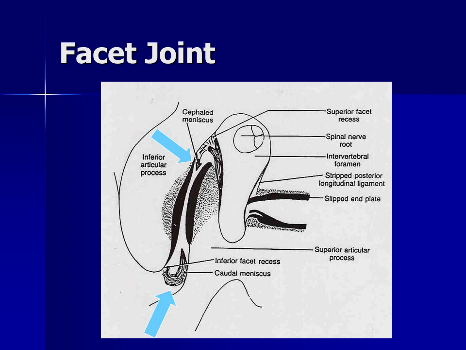Those two slide up and down on each other. The two arrows are actually pointing to the menisci: the cephalad meniscus towards the top and the caudal meniscus towards the bottom, creating a physical block to the capsule being pinched. Take some time and really get oriented to this structure.